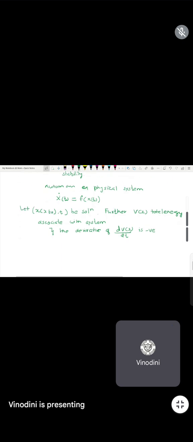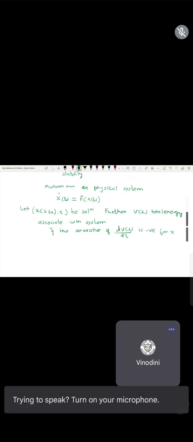Then if the derivative dV by dt, the derivative of this energy, is negative for all x0, t except the equilibrium point.